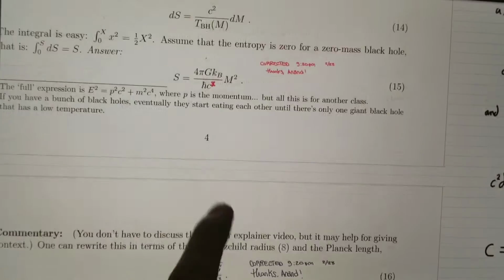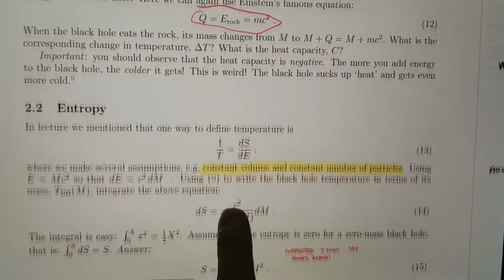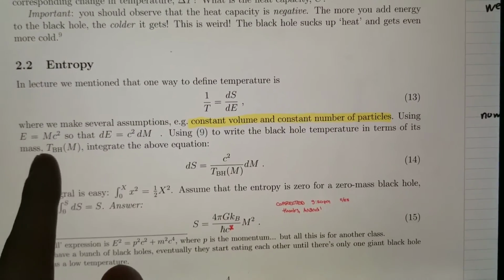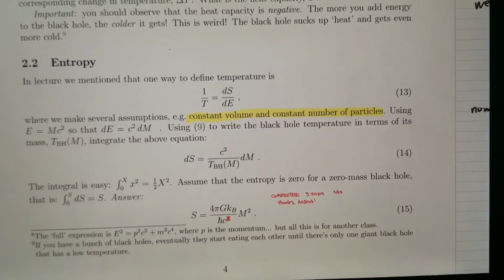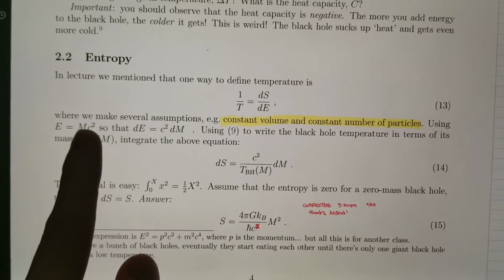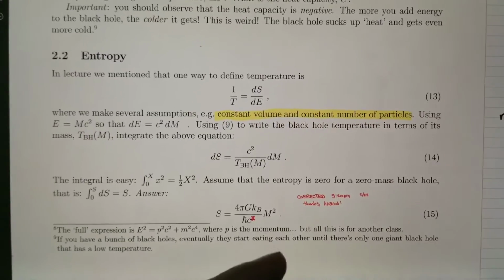Now that we go into the next part where we have to calculate the entropy, we know that 1 over T is equal to dS over dE under the condition that it's constant volume and constant number of particles. So using what we saw earlier, E is equal to mc squared and dE is equal to c squared dm, as I used in the previous part.